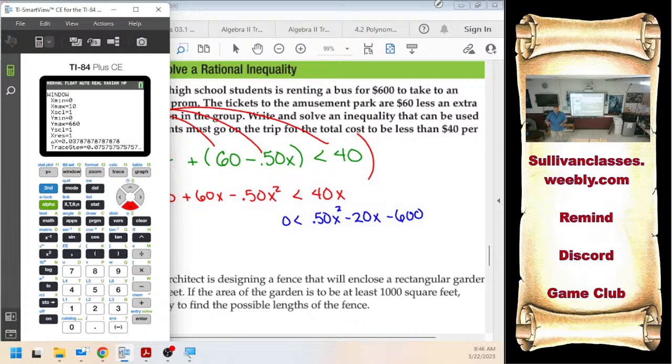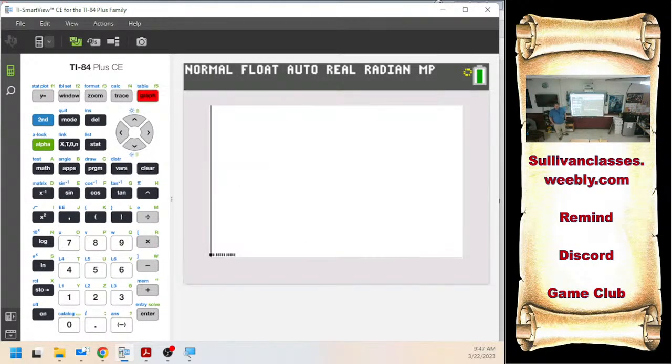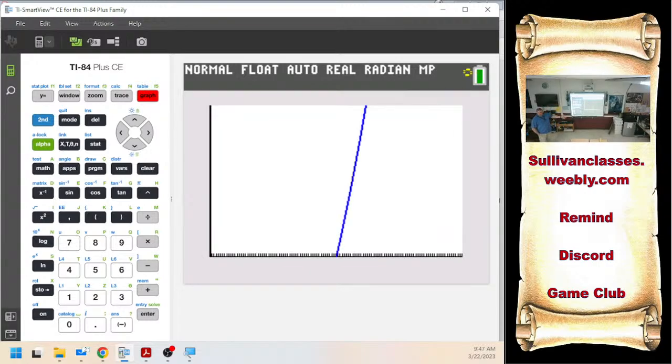You ever seen the little sign in the front that says max capacity? What do you think would be enough kids to go on this? So we could go all the way down to free tickets if we had 120 kids. I think this window is ridiculous and extreme, but I bet I'm going to see part of my parabola.